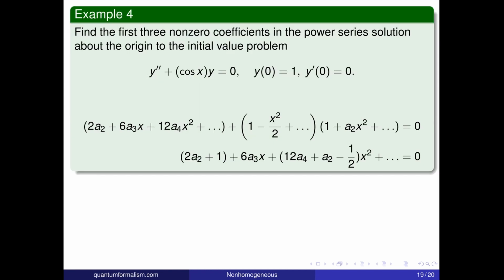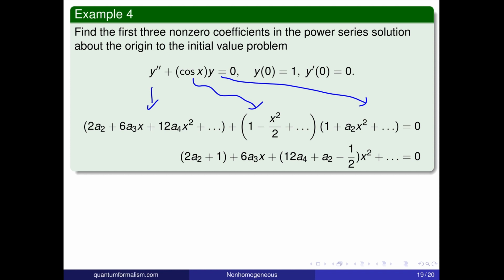All right, so let's plug everything in. This is the second derivative. This is cosine x, so it starts with 1 minus x squared over 2. And that's the series for y, at least the first two terms of it. So we have 1, and then we don't have an x to the first term, and the next one's a2x squared.